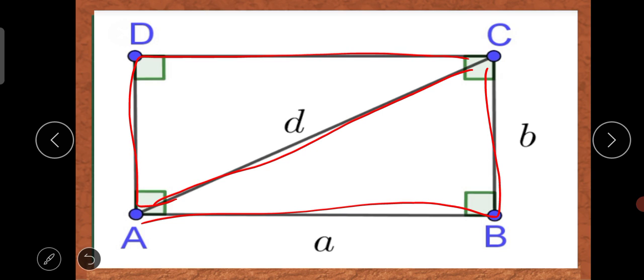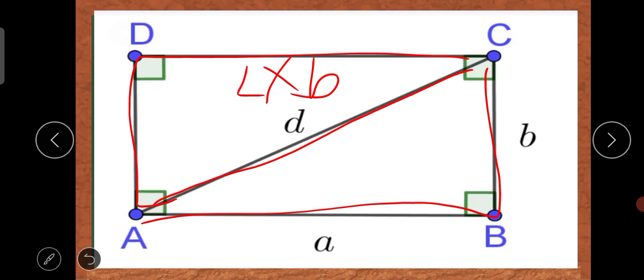With the help of the diagonal we cut this rectangle into two equal triangles. We already know the area of a rectangle, that is length multiplied by breadth. And here we are going to study the area of a triangle. So two triangles are formed when we cut the rectangle.